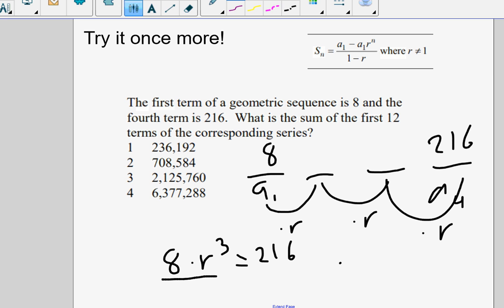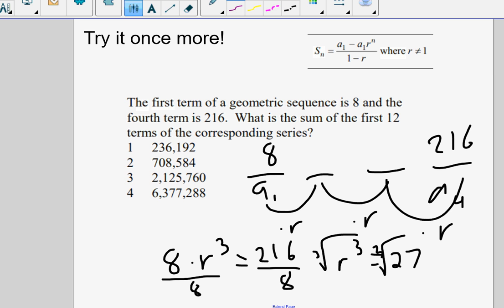So I'm going to start by dividing both sides by 8. 216 divided by 8 is 27. So r cubed equals 27. And then we're going to take the cube root of both sides, which you can plug into your calculator.